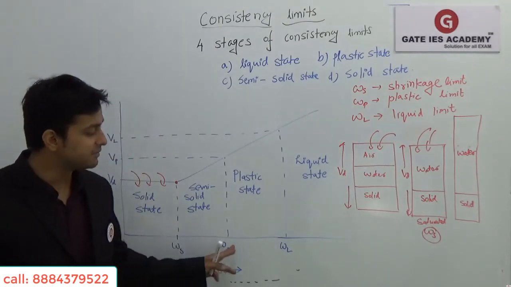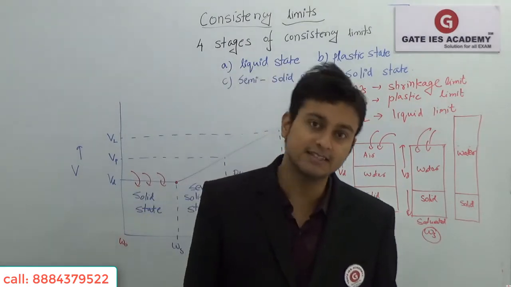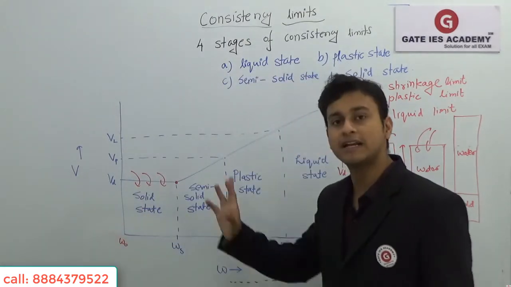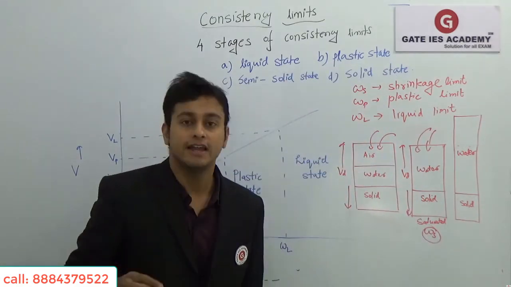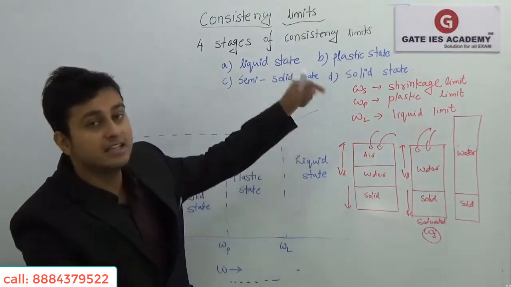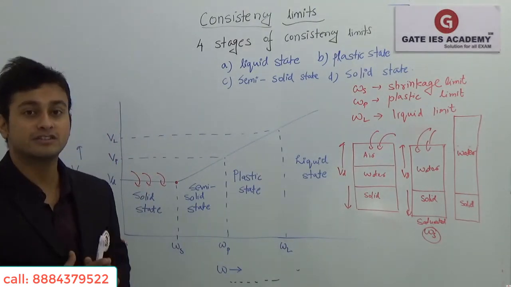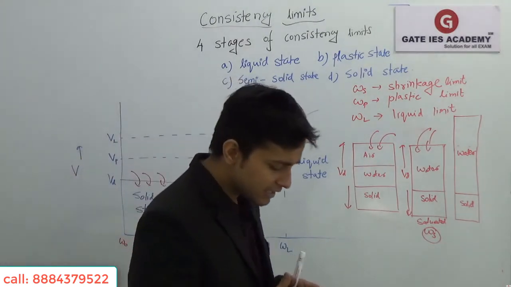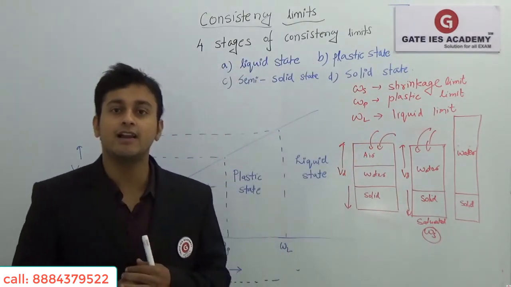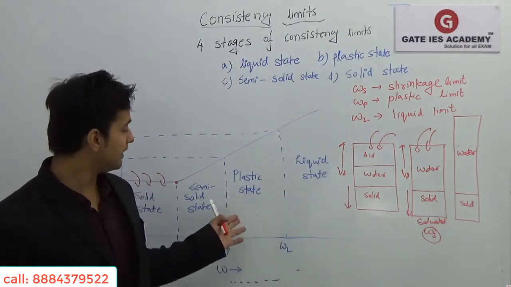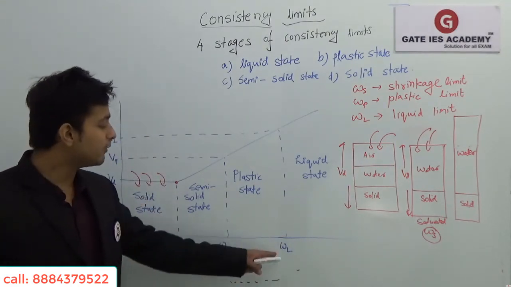Shrinkage limit, plastic limit and WL are properties of one soil. This is a general term: this limit can be achieved if we add this amount of water. The clay we are discussing is capable of taking up a lot of water without reaching the plastic state, because Wp is huge and WL is also huge.